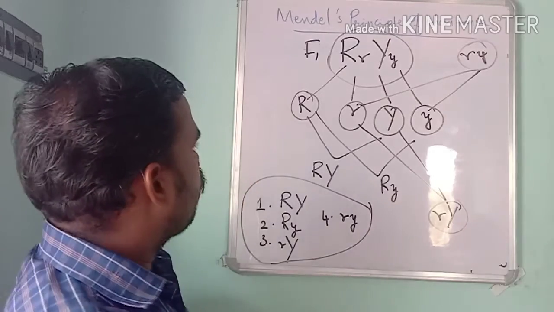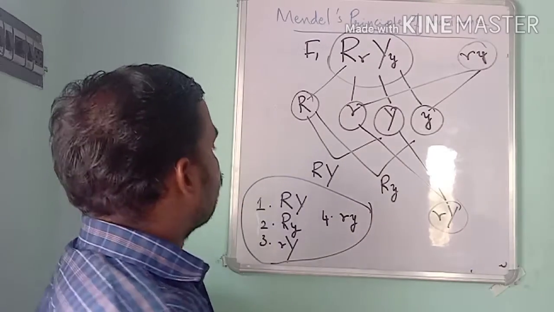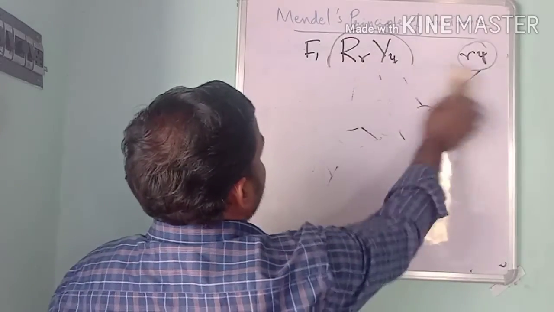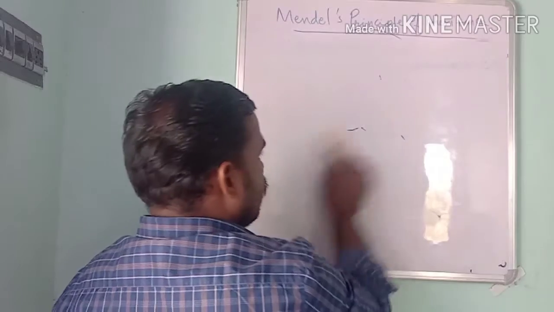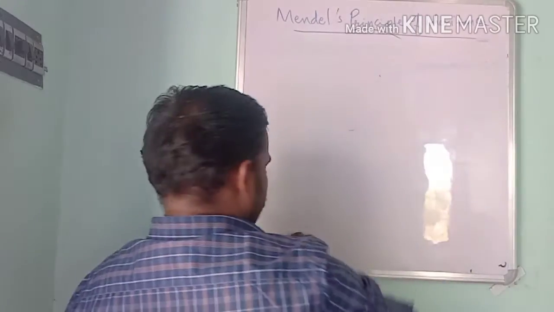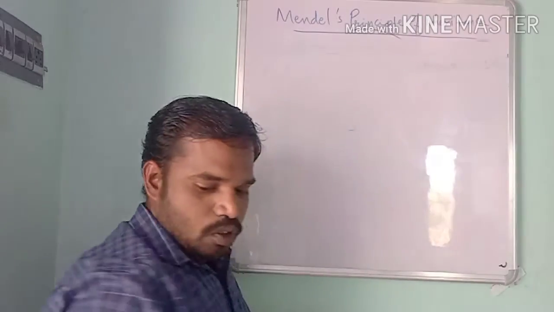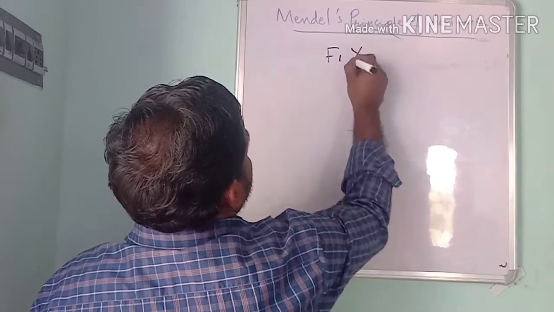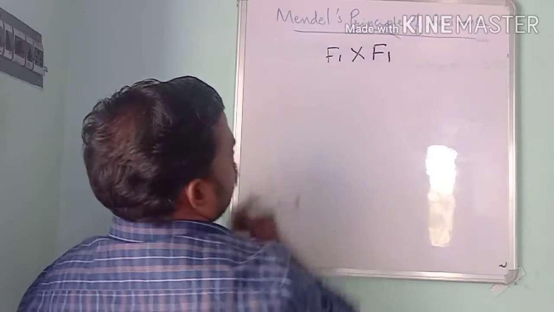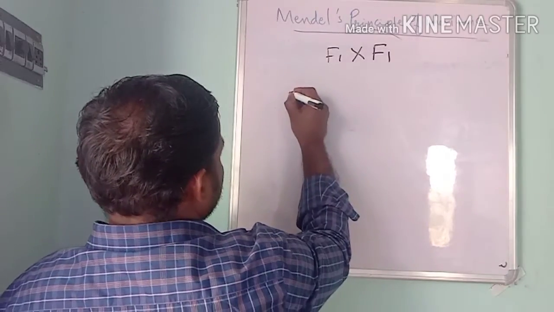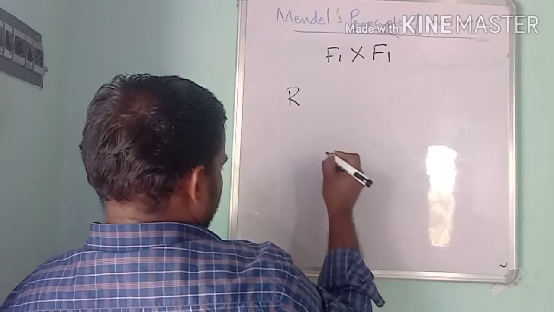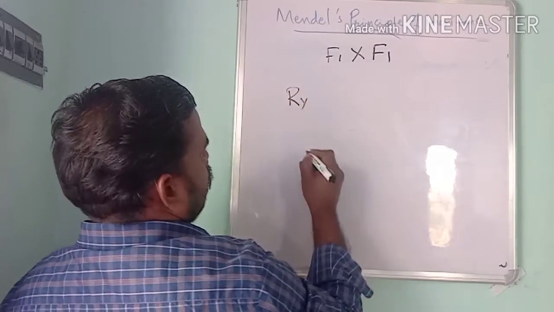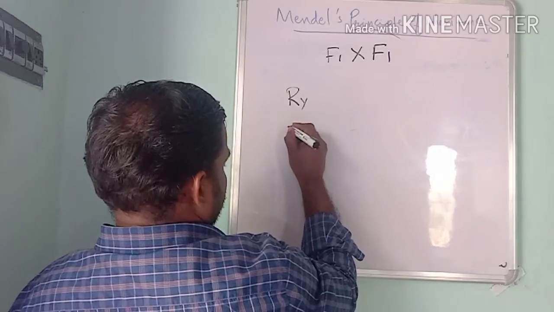Now we are going to allow the self-pollination of the F1 hybrids. When we allow the F1 hybrid to self-pollinate with F1, what are the possible gametes we got?